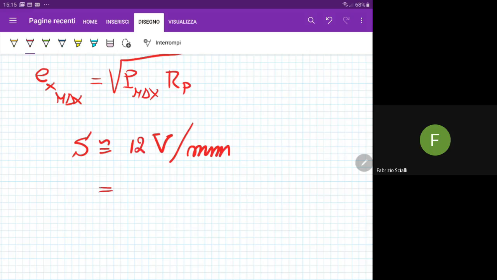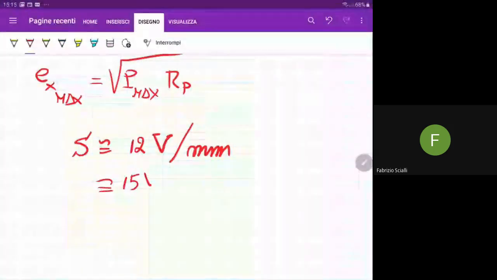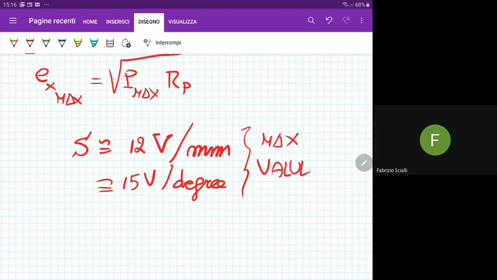Or if you are using your potentiometer to measure rotation deflection, so degrees, you have 15 volts per degree. These are maximum values, of course.